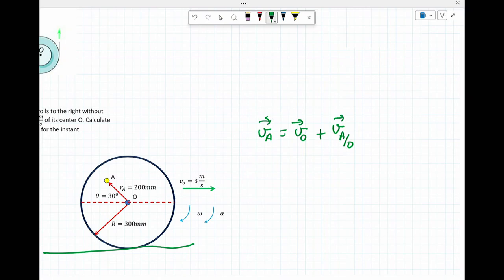Starting there, I can say that velocity of A is equal to velocity of O plus velocity of A with respect to O. And I'm given in this problem the velocity of O, because that's straight line motion. Remember, again, the center doesn't rotate. It translates. And so v naught is equal to 3 meters per second, and it's to the right.